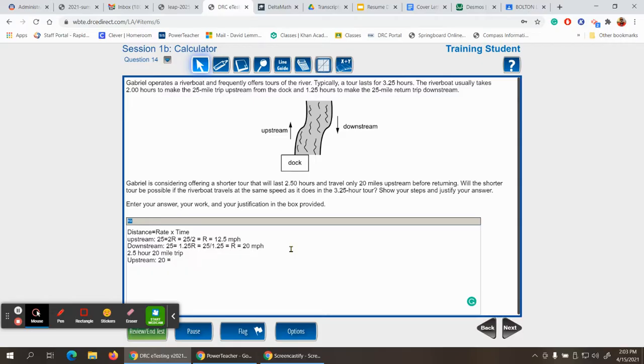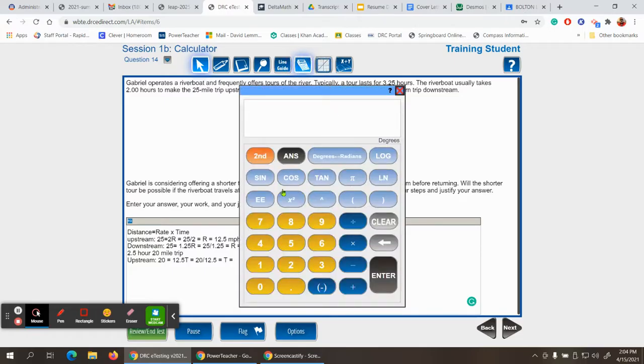But we know that he goes 12.5, right, times time. And that equals 20 divided by 12.5. And that equals, again, your time. Use your calculator here, and 20 divided by 12.5 is 1.6.